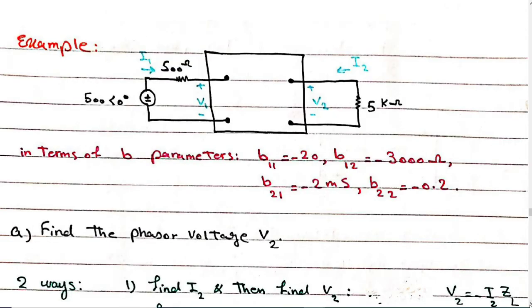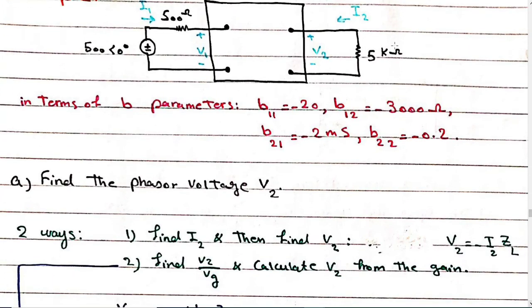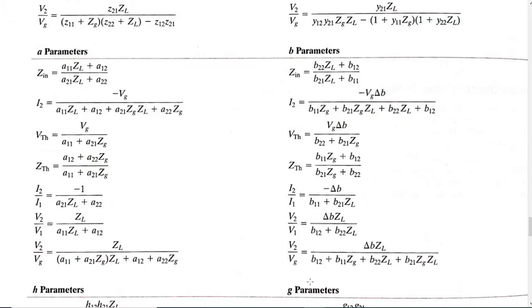The first way is to find I2, because we have the value for this resistor, which is 5 kilo ohms. So from here, we calculate I2, and V2 will be negative I2 multiplied by ZL. The second way is to use this equation over here and find V2, because you have the value for VG.